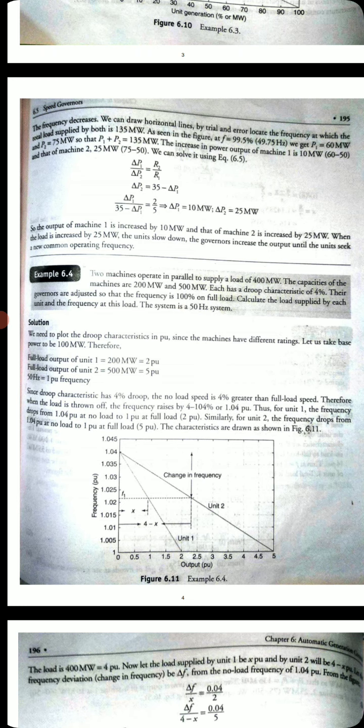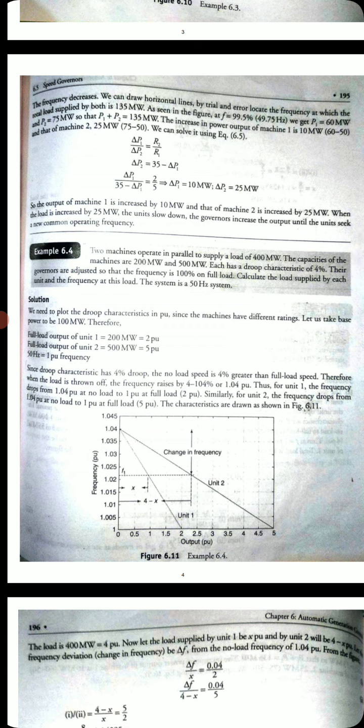First I will consider the first unit, having a maximum output of 200 megawatt, that is 2 per unit. When it comes to 2 per unit, the frequency reaches 1 per unit. You can see it in figure 6.11 very clearly. The second unit has 500 megawatt, so it is 5 per unit; it reaches 5 per unit where the frequency reaches 1. So these are the droop characteristics of the two machines. I think you understood this very clearly.